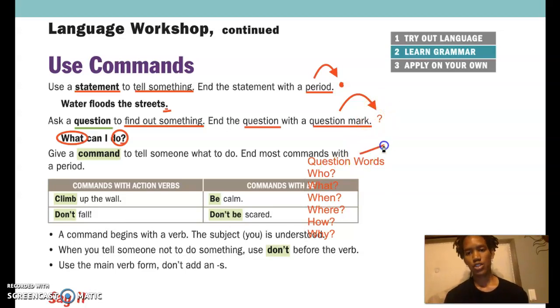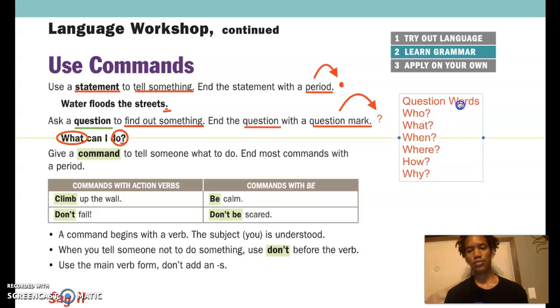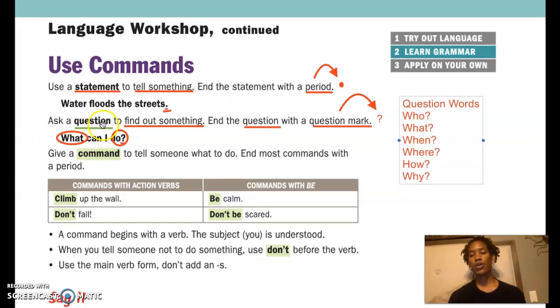Okay, so when you're confused about a question, look for these words: who, what, when, where, how, why, and you'll know that it's a question. Also, look at the end of the sentence. If it has a question mark, it is a question.